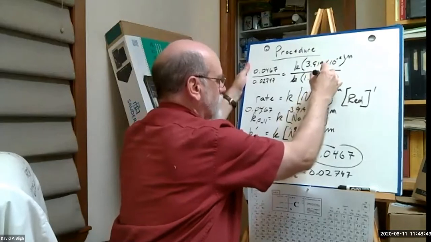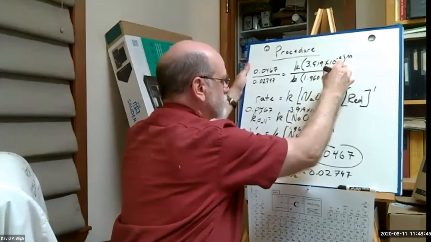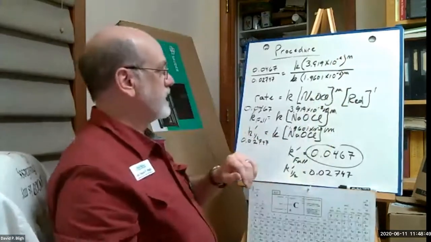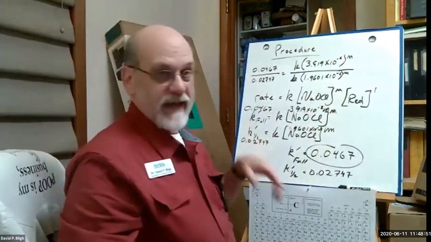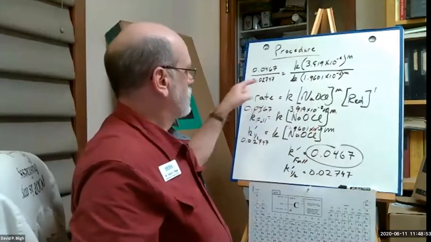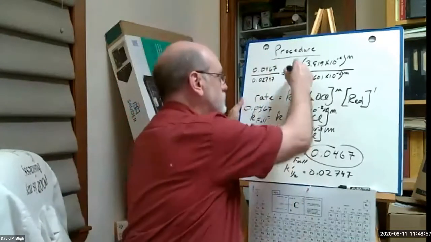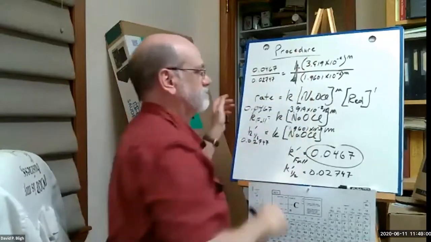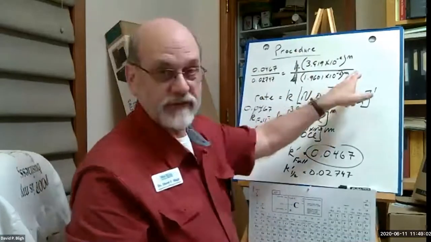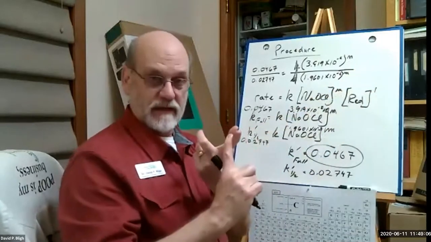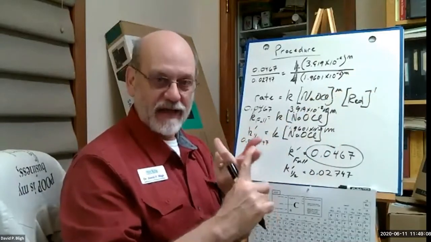So 1 times 10 to the minus 2 to the m. Okay? Now, notice that these two K's cancel out. So now we only have to deal with the m, right? We've already got the n, which is 1. That's for the dye.